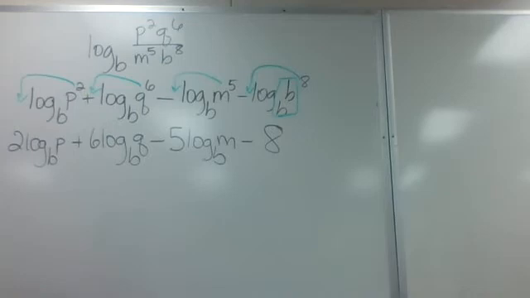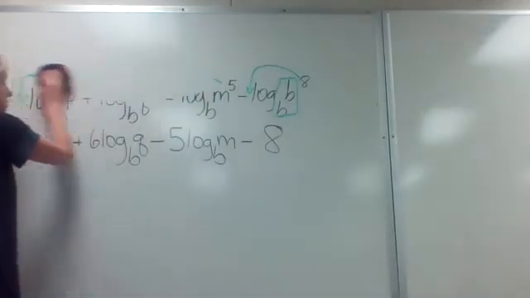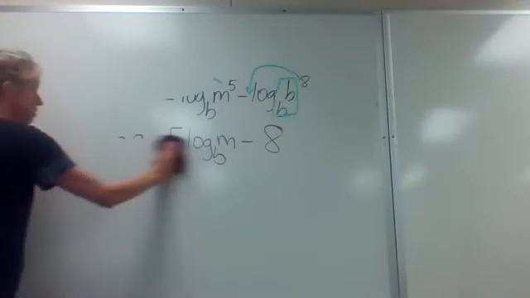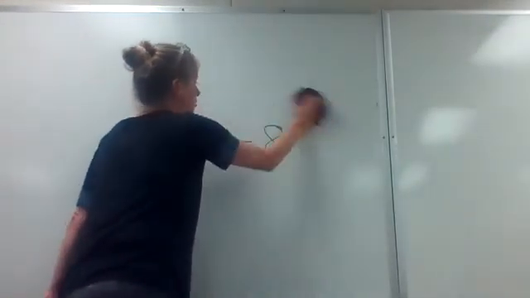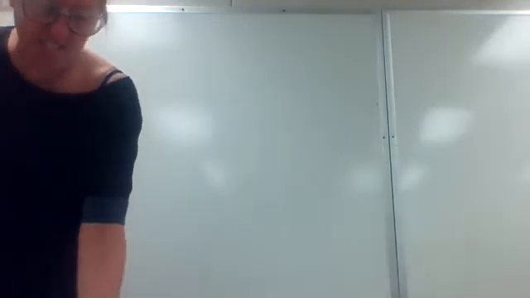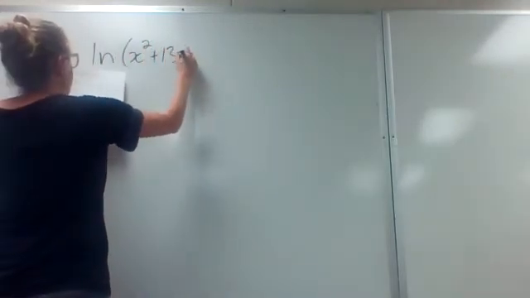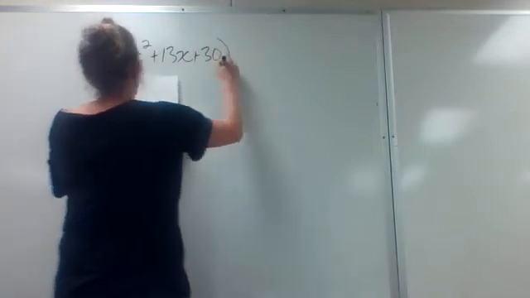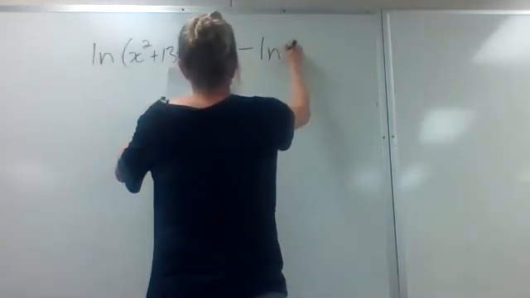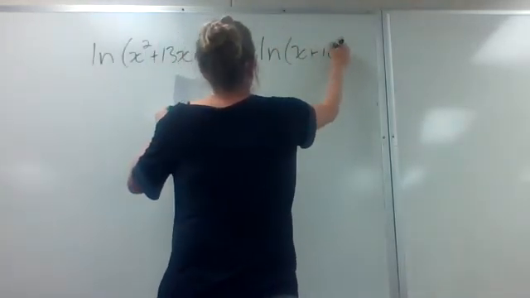Number 20. Simplify this expression. I've got ln of x squared plus 13x plus 30 minus ln of x plus 10.